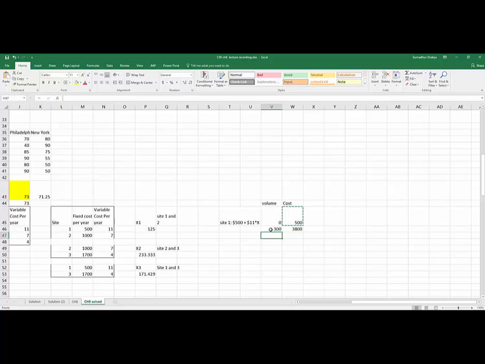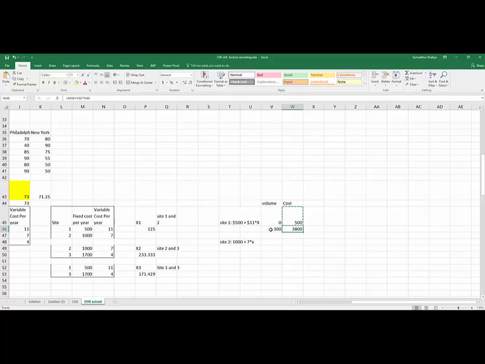Now I can also calculate this for site 2. Our equation would be 1000 plus 7 times x.